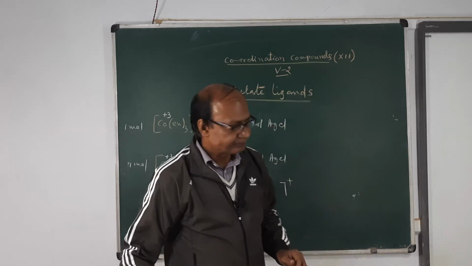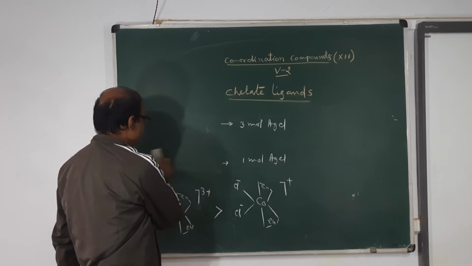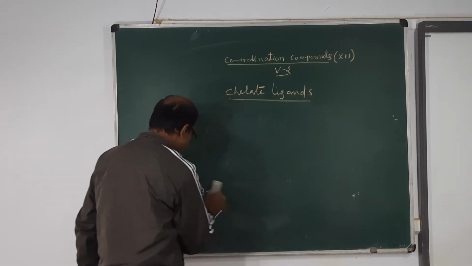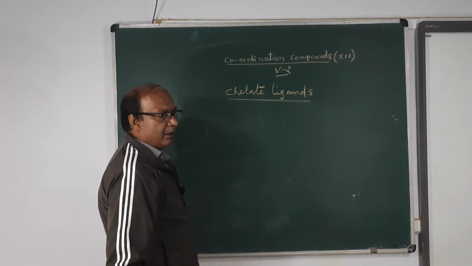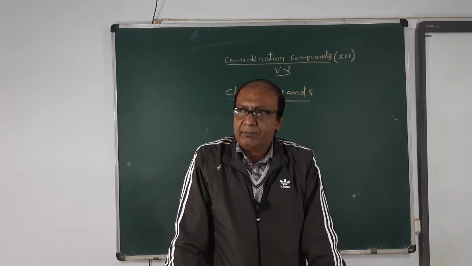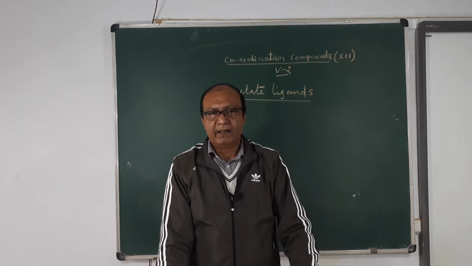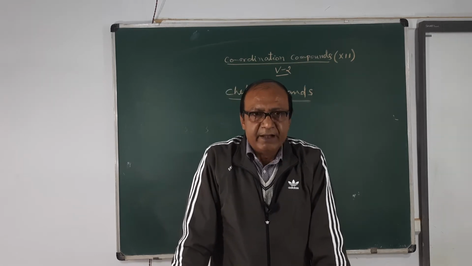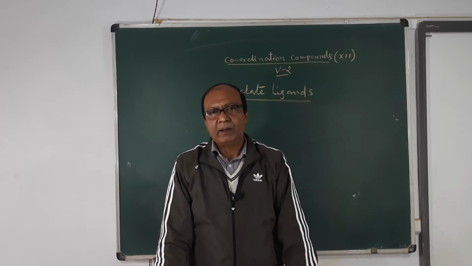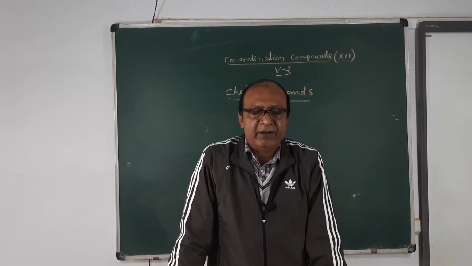Now come to the next part. As I have told you, in case of coordination compounds or complex compounds, you must have the concept of ligands, types of ligands: unidentate, didentate, tridentate, and types of ligand like ambidentate ligand, chelate ligands.